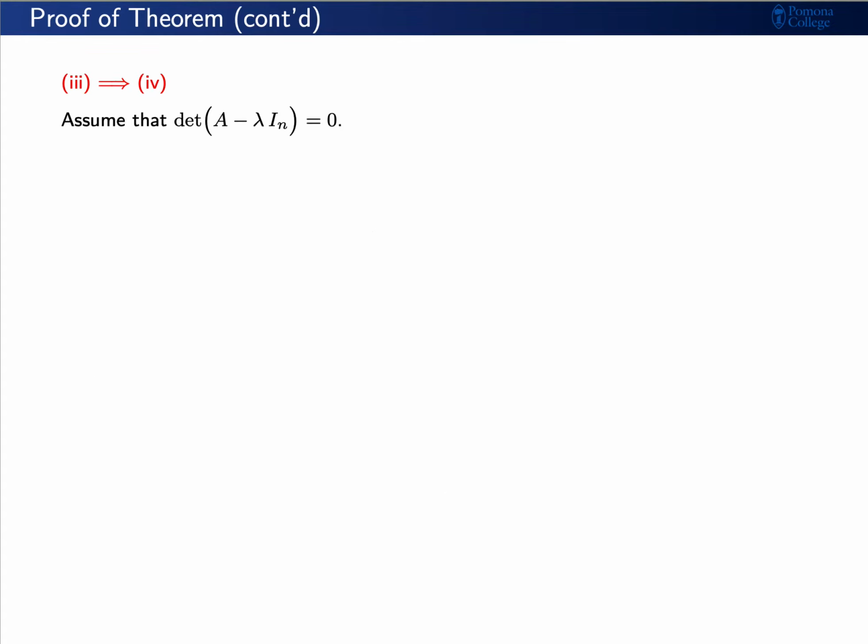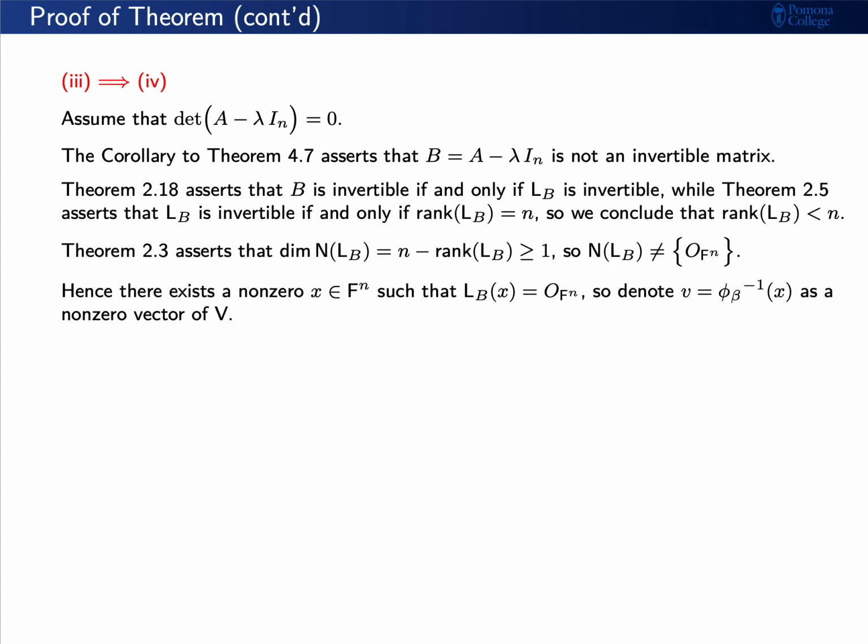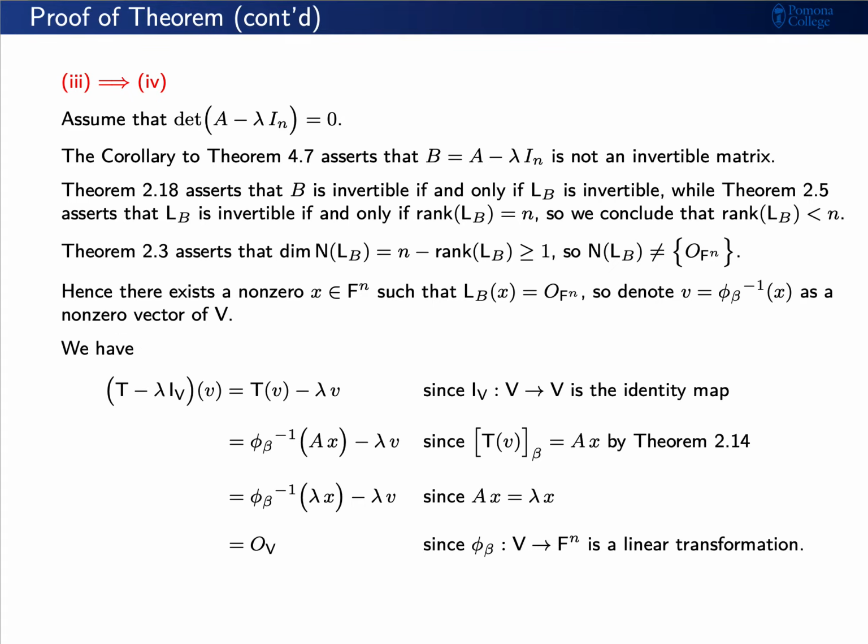Now let's show 3 implies 4. Let's assume that this determinant is 0. Then, of course, B must not be an invertible matrix, but then this implies that the rank of left multiplication by B is strictly less than n, but this implies that there must be a non-zero element in the null space. Let's denote this non-zero element as x.